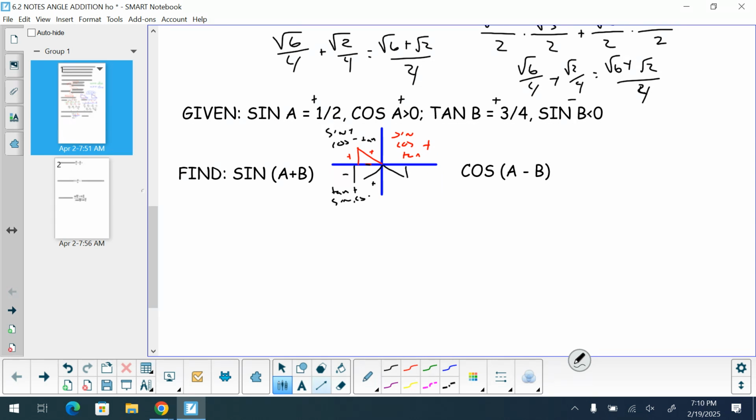And in quadrant number 4, my sine will be negative, my cosine will be positive, and my tangent will be negative. So if I take a look at my last one over here, my tangent's positive, my sine's negative, puts me into quadrant number 2 or 3.